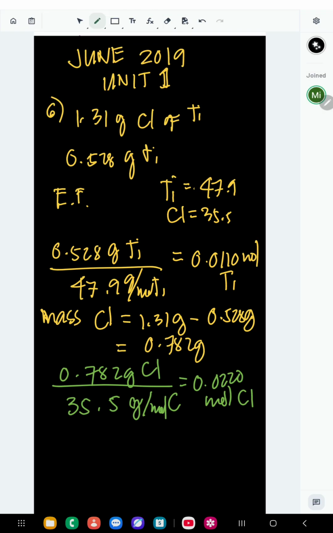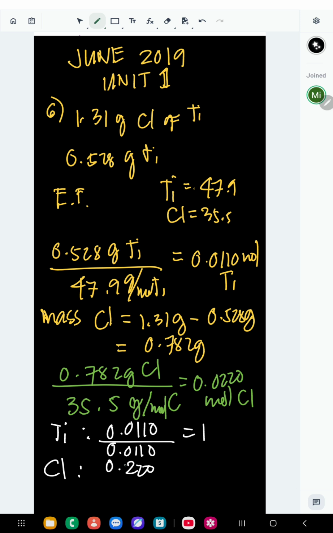Okay, so we can divide by the smallest number of moles. The smallest number here is 0.0110. So for titanium, that is 0.0110 divided by 0.0110, that is 1. Then for chlorine, that is 0.0220 over 0.0110.